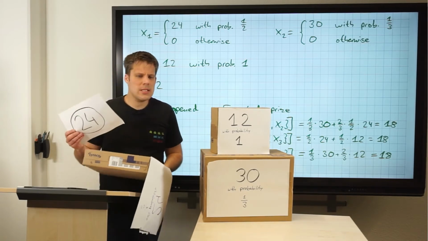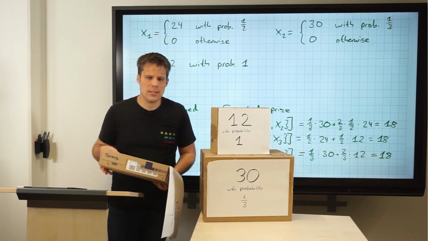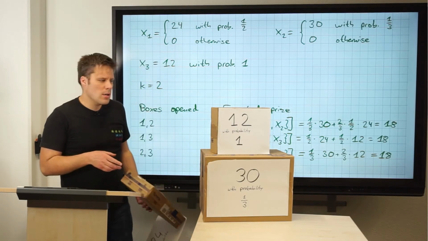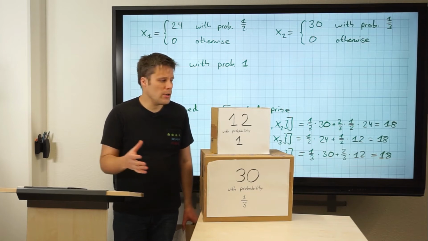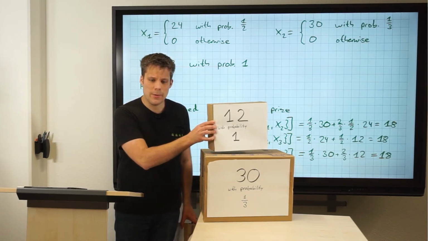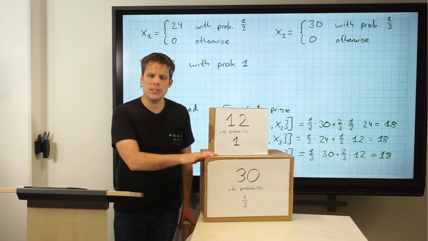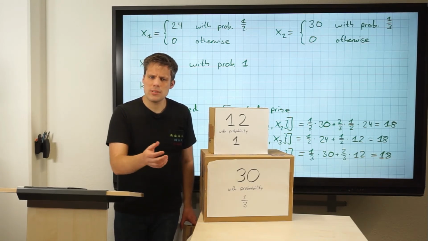But suppose now we did not find the 24 inside. Then we are suddenly in the case that we have no prize so far, and we have to choose between 12 with probability 1 and 30 with probability a third. And how would you decide then?